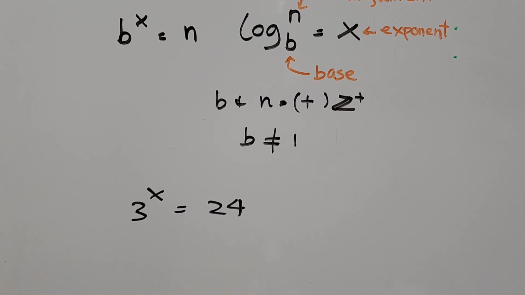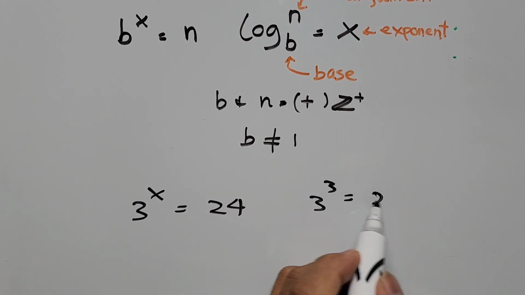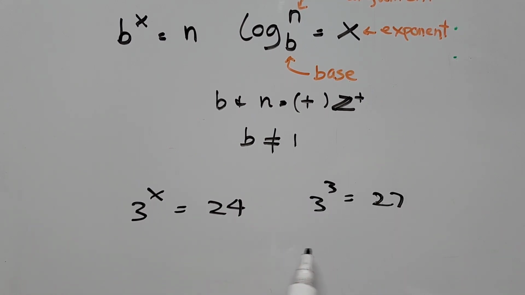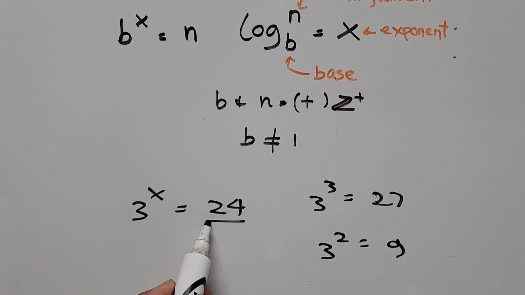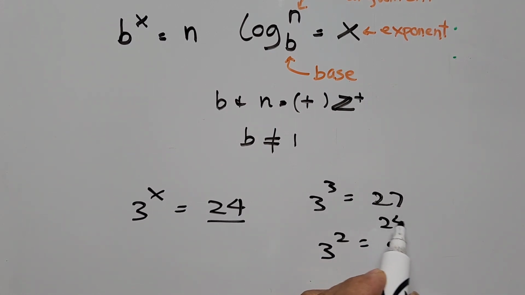We all know that 3 to the power of 3 is 27, right? And we also know that 3 to the power of 2, that's 3 squared, is 9. And the right-hand side is 24, so it falls in between these two limits, so it should be somewhere in this range.